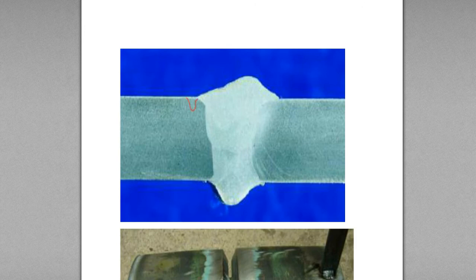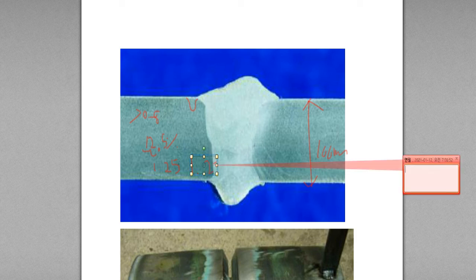And here, if the depth of the undercut is over 0.8 millimeter, or when the thickness is 10 millimeter, 12.5% of the weld thickness is 1.25 millimeter.